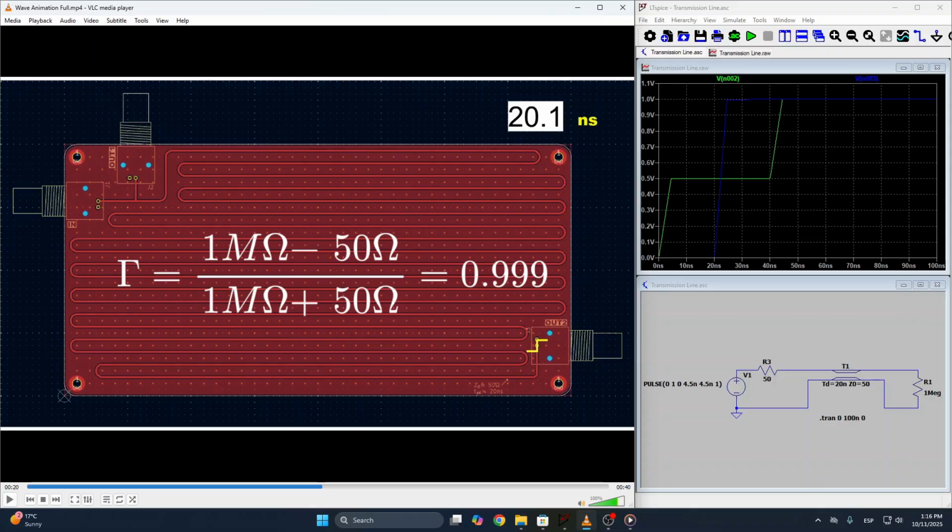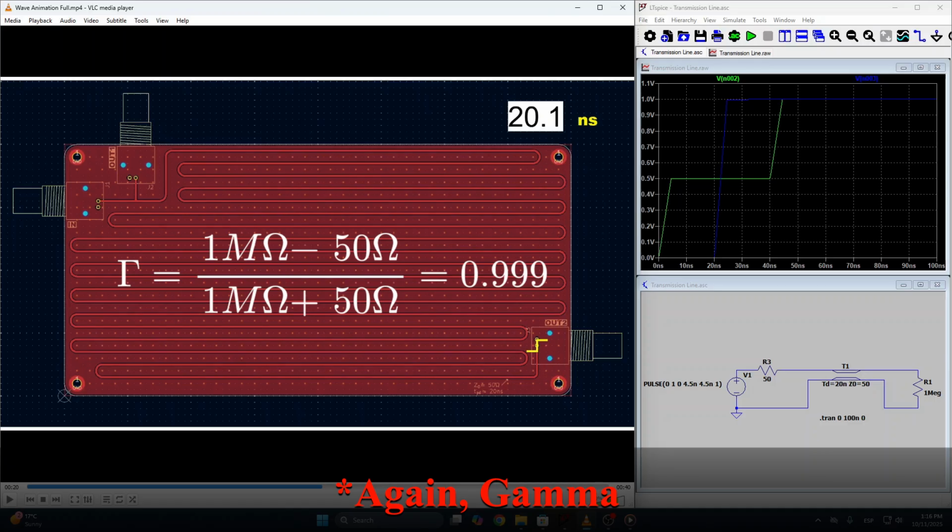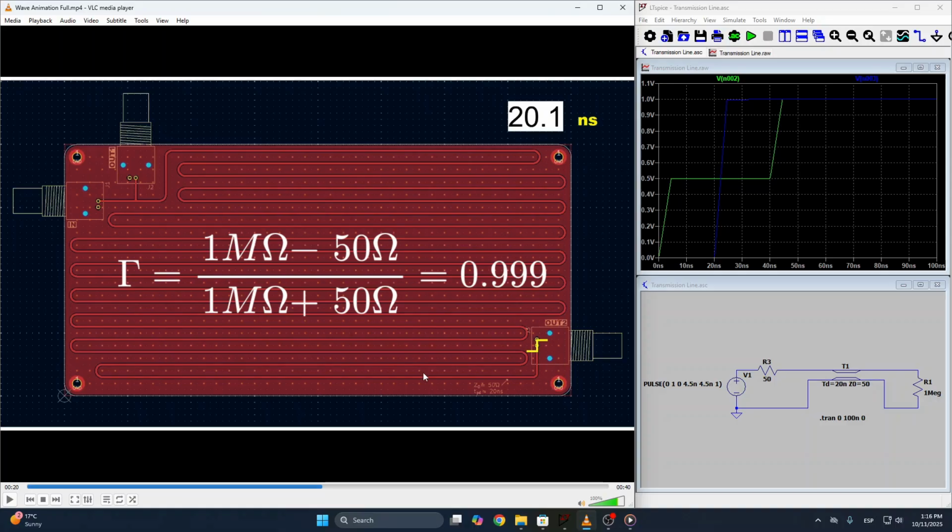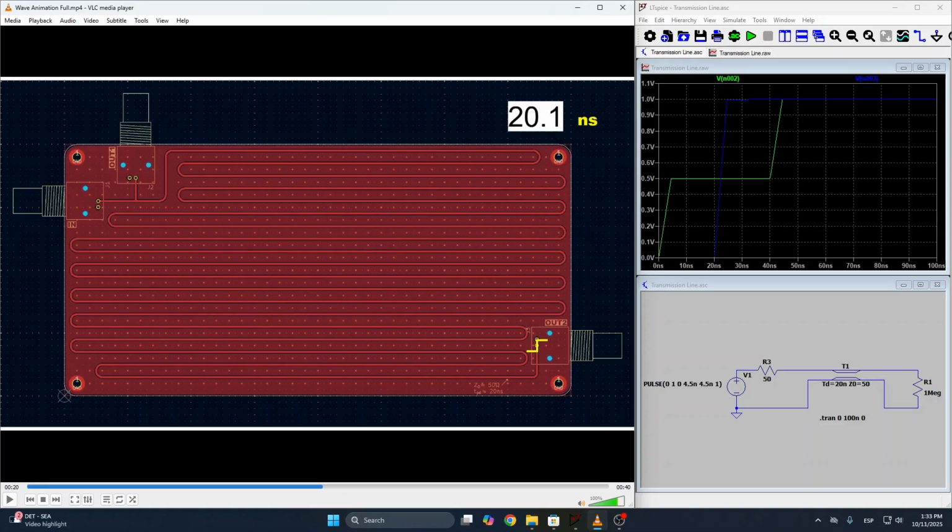Using the values of 1 megaohm for Z load and 50 ohm for Z0, we obtain a rho of 1. This means that the full wave of 0.5 volt is reflected back to this trace. So after 20 nanoseconds, the 0.5 volt step signal has reached the end and immediately reflects back, adding another 0.5 volts to the incident wave.